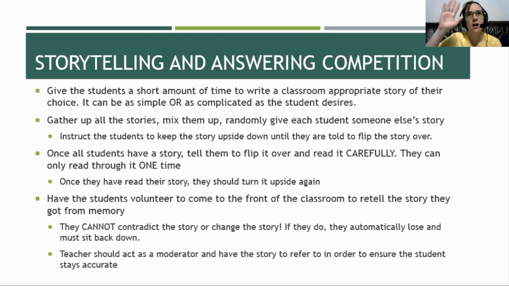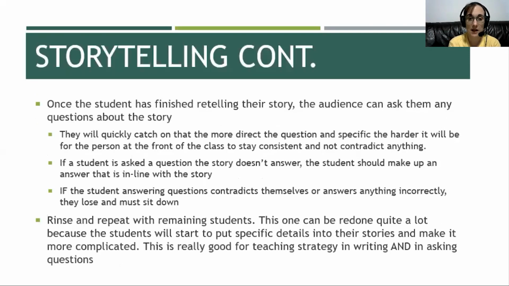So if someone asks, can you remind me what the character's name was, and they say, Jill, they lose. And the goal of the game is to see how many questions the individual asking or answering the questions can get right in a row.